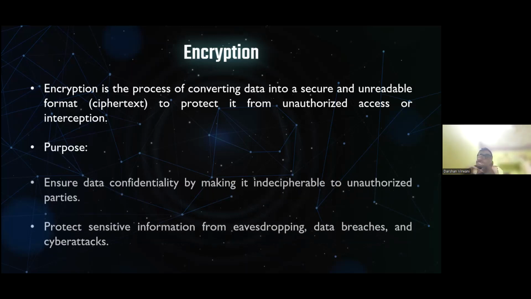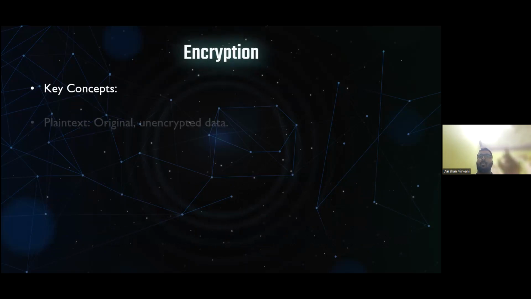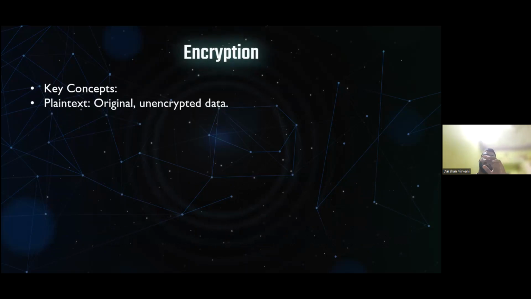What is the purpose? The main purpose is data confidentiality, making it indecipherable to unauthorized parties and protecting sensitive information from data breaches and cyber attacks. Here we see the key concepts used in encryption.